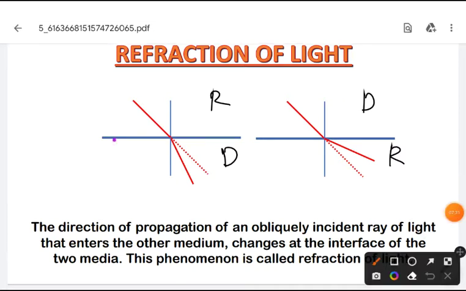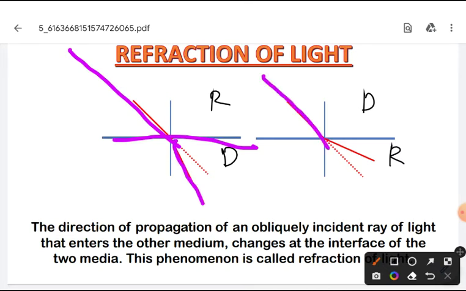Refraction means this is a plane. If light rays come from a rarer medium to a denser medium, they bend towards the normal, and if the light ray comes from a denser medium to a rarer medium, it bends away. The first case bends towards the normal, and the second case bends away from the normal.